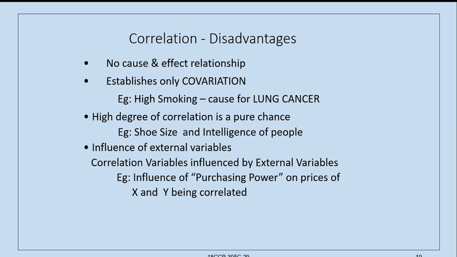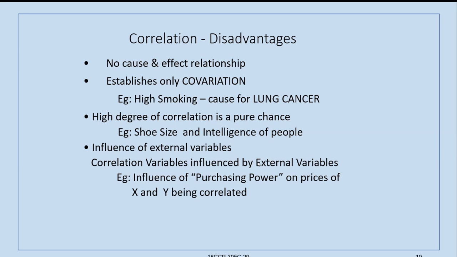In the same example what we have seen, if you are going to increase the advertisement costs constantly, regularly you are increasing the advertisement costs, the sales may not improve in such intervals. When there are more clouds in the sky also, sometimes rain may not be there. So high degree of correlation is a pure chance.